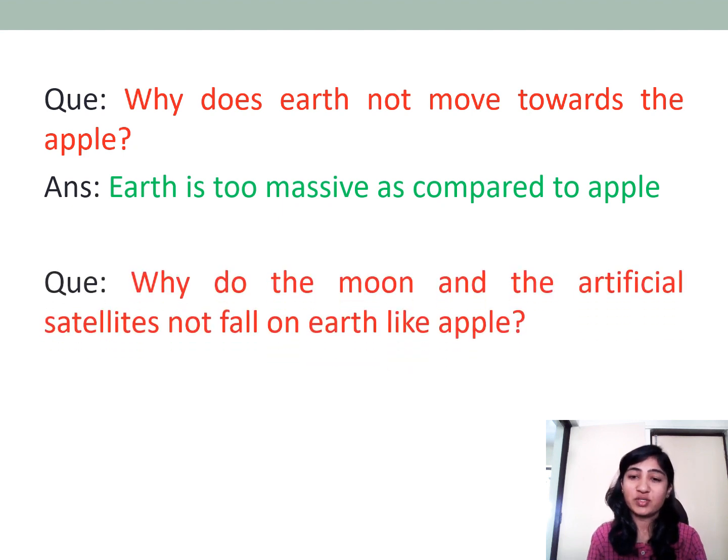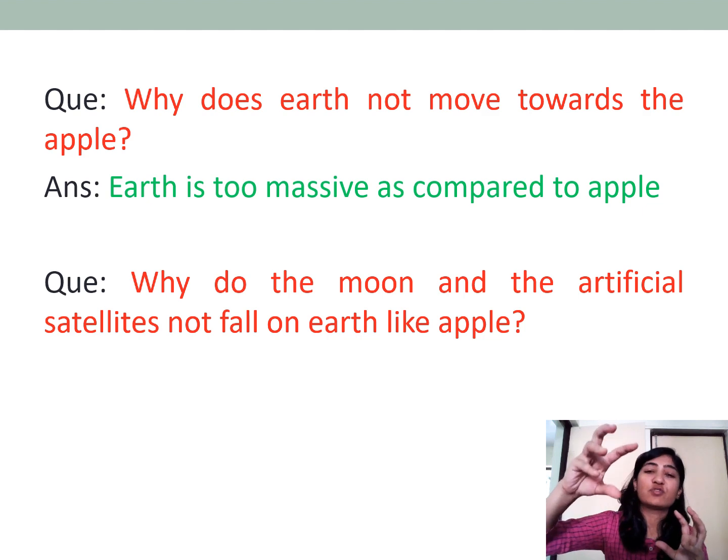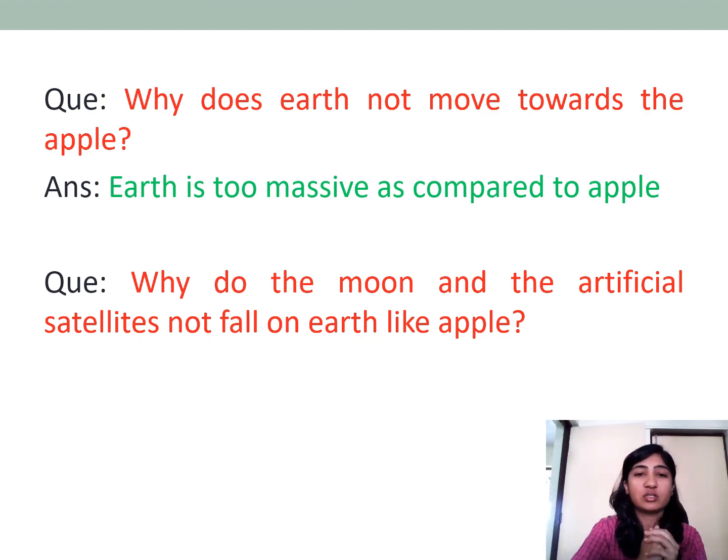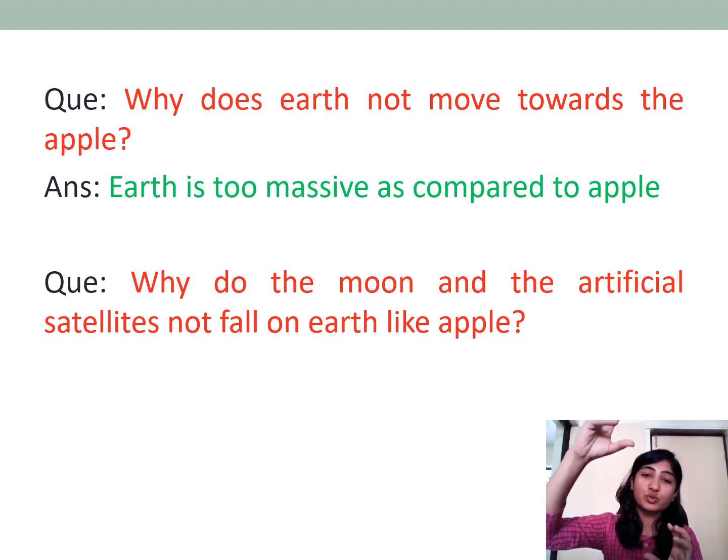Now the next question: why do the moon and artificial satellites not fall on earth like the apple? We know that the earth exerts gravitational force on the apple, so the apple falls on the earth. The earth also exerts gravitational force on the moon.